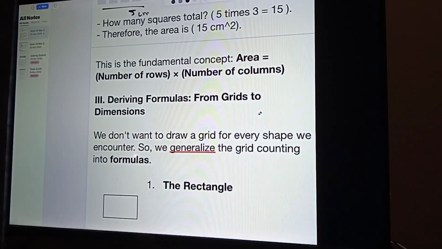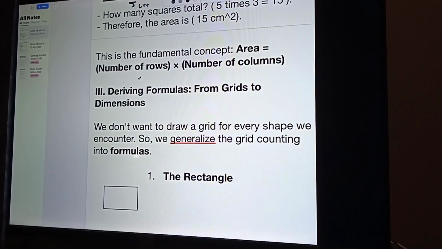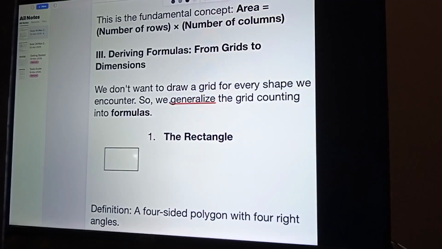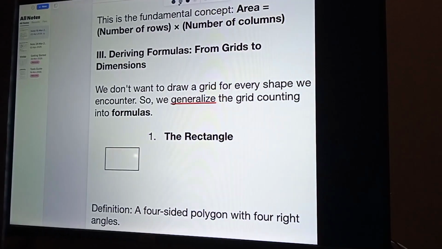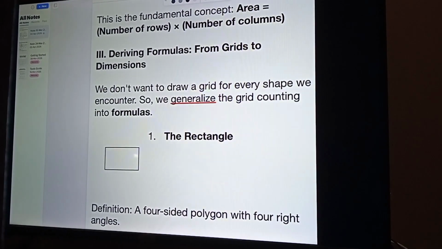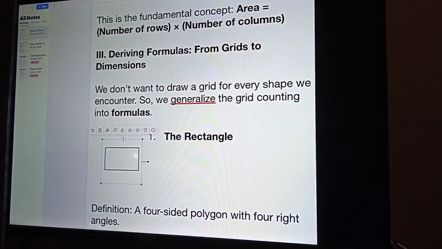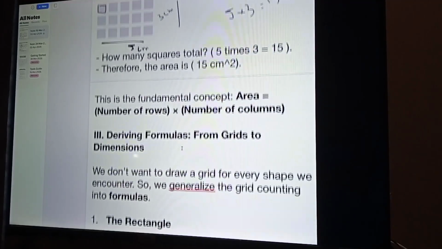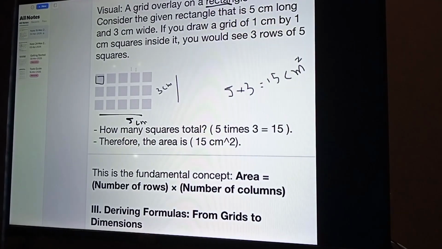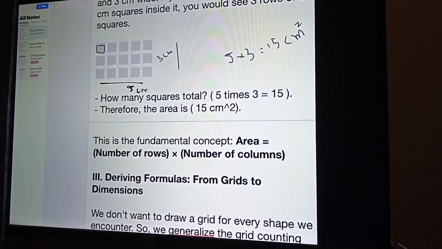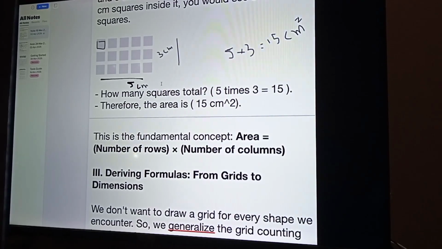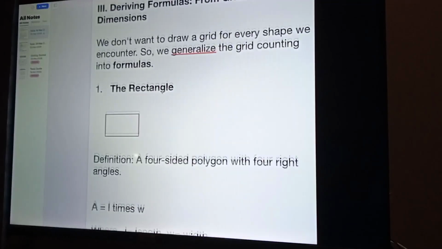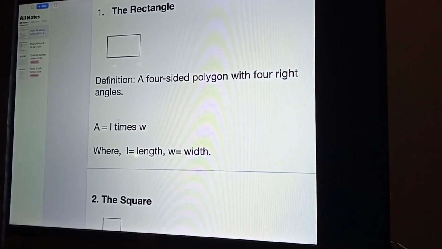Now this is the fundamental concept. Area is equal to number of rows times number of columns. Now deriving the formula. The first formula here we will derive is for the rectangle. I've already discussed this rectangular shape and you can derive this, like length into width, and you can get the formula.